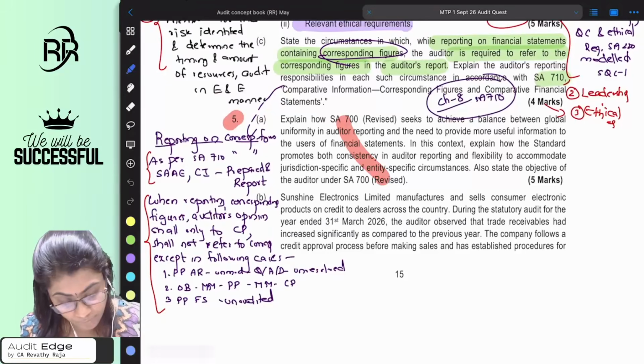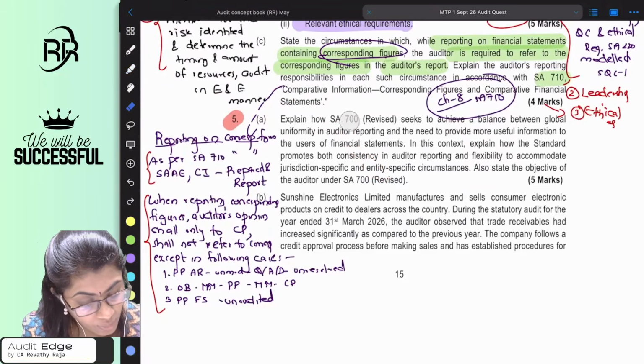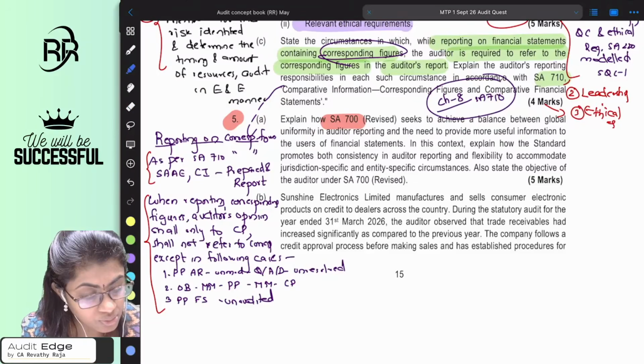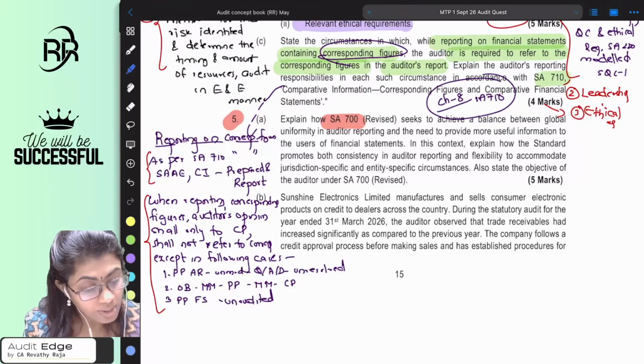Only this much. Explain how SA 700 seeks to achieve balance between global uniformity in auditing reporting and the need to provide more useful information to the users of FS.